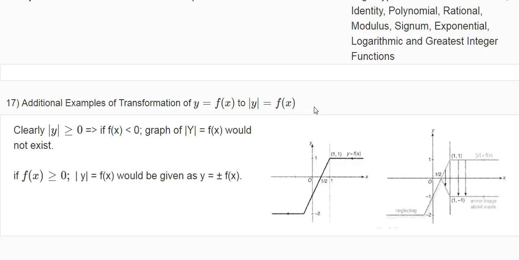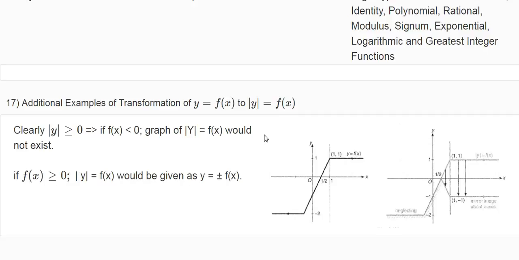So our y values will both remain, plus f(x) as well as minus f(x). So the final graph would be this and this portion.